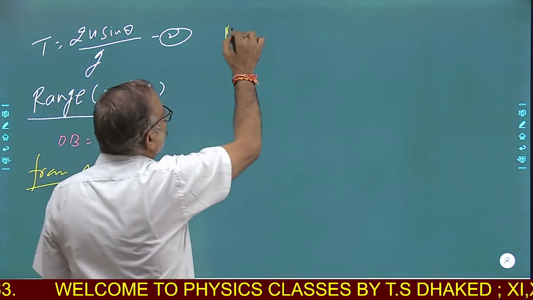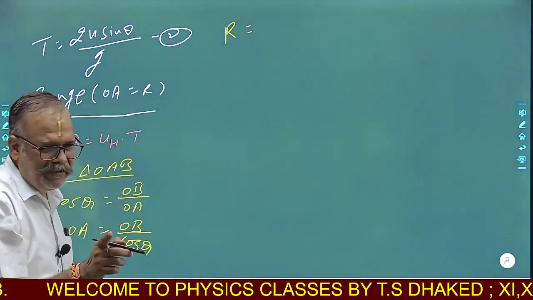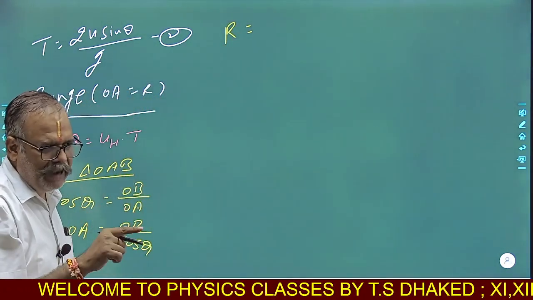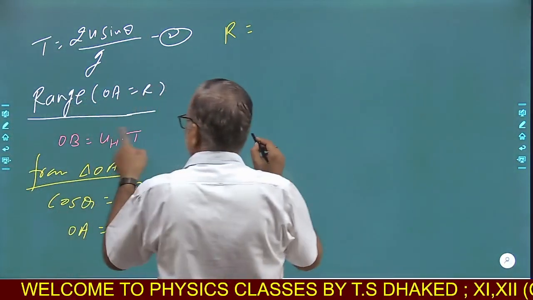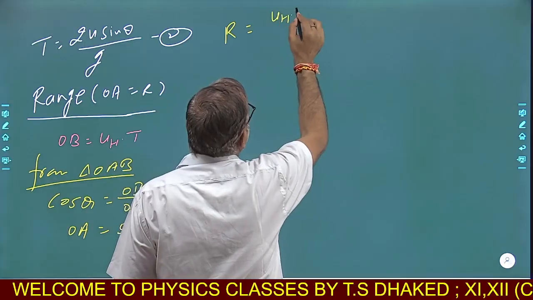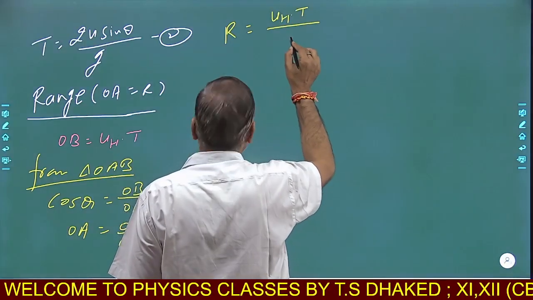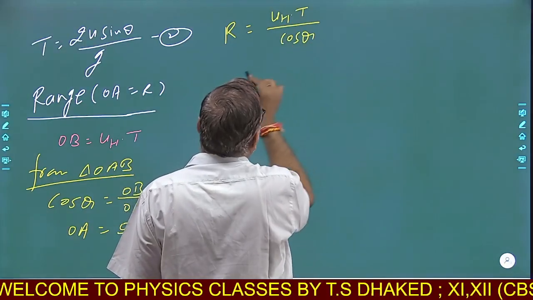Finally, the range for projectile motion along an inclined plane, OA, is capital R, equal to OB, that is UH into T upon cos theta 1.